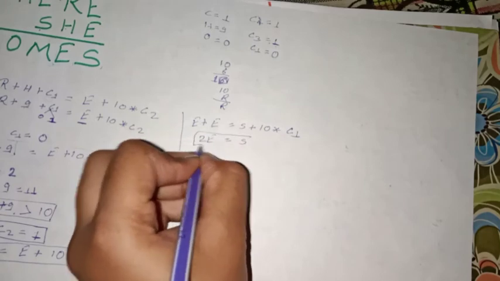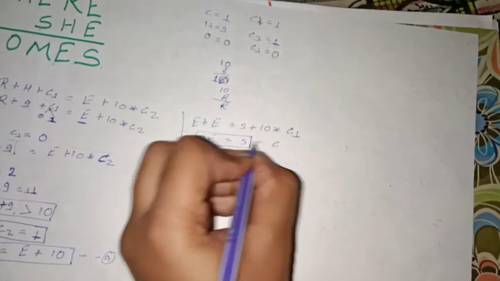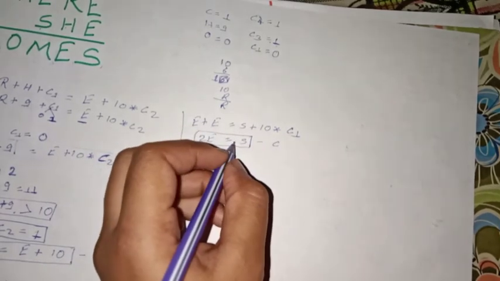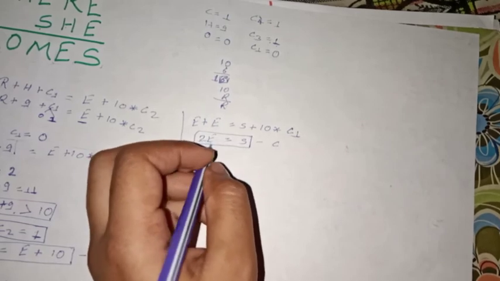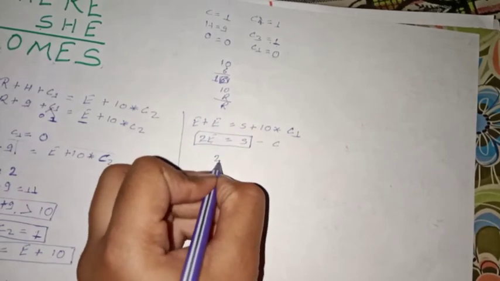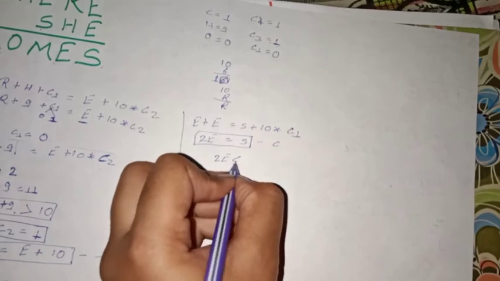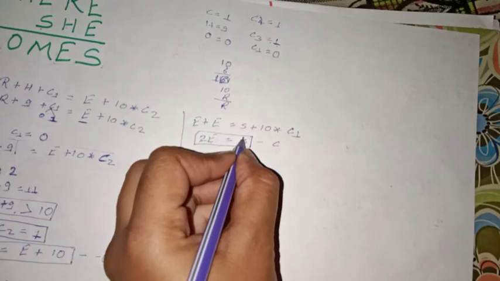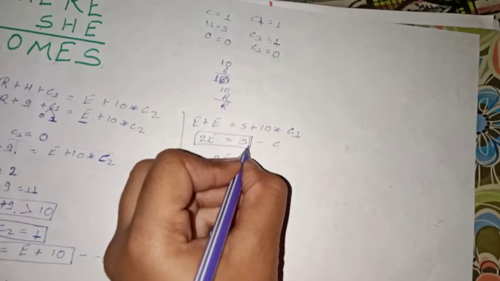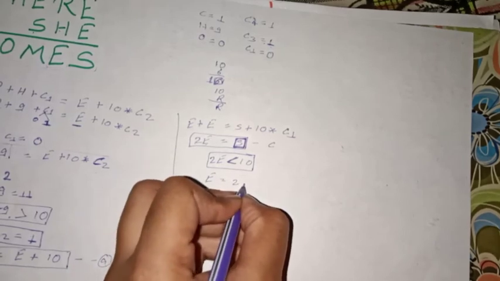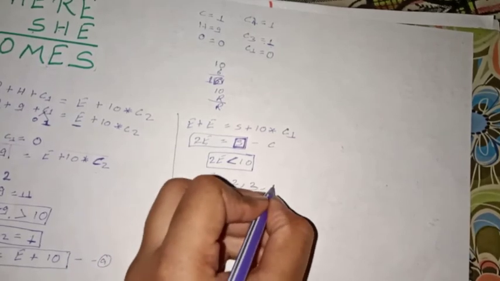Then we got another equation, that is C. From this equation we got another conclusion, that 2E is always less than 10, because in the RHS there is only the unit place value. So that's why we conclude that 2E is less than 10. Then the possible values of E are 2, 3, 4.